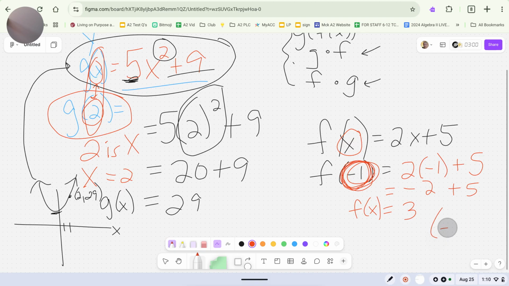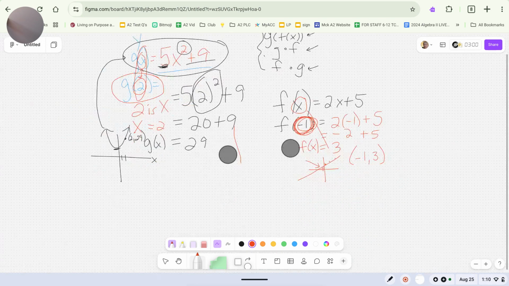When I look at that point on my graph of 2x plus 5, up 2 over 1, up 2 over 1, when I go to negative 1 here, this point is going to be, whoops, I can't get this with this cursor pencil thing I'm trying to use. Anyway, at negative 1, it's going to be 3. So it's pretty important that you understand that, okay?